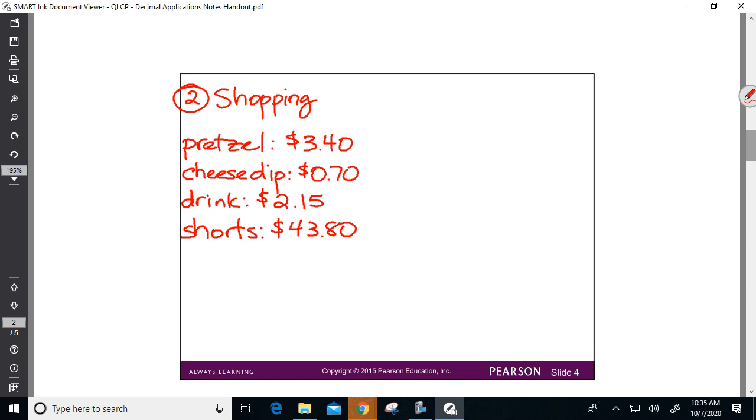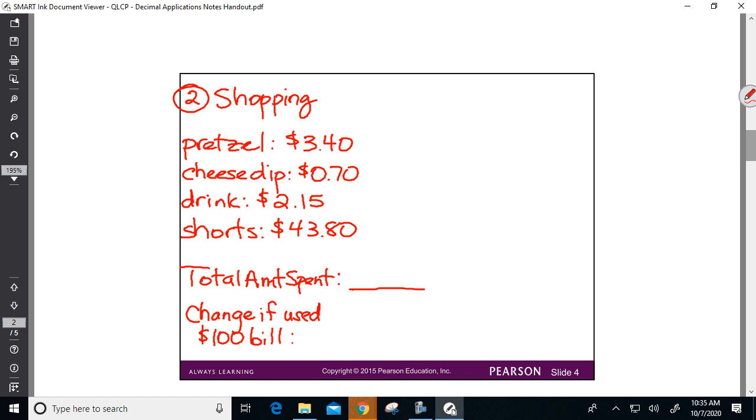So I want to know what was the total amount you spent, and how much change if you used a $100 bill. So those are the two things I want to know. So total amount spent and change. So how am I going to find those two things?